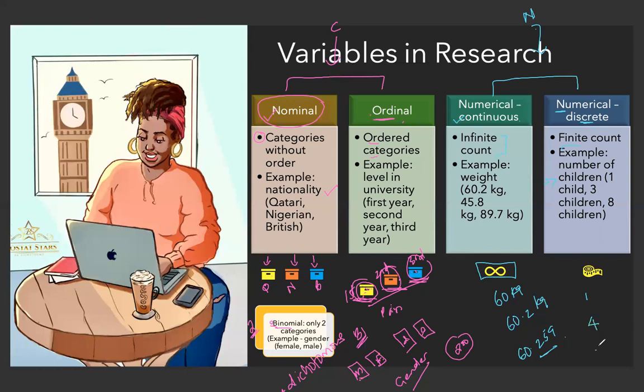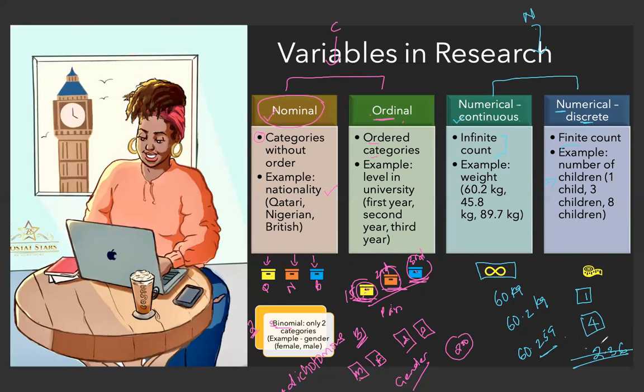But if you tell me I have 2.3 children or I have 2.36 children, this doesn't make sense because children are not infinite. You cannot tell me 0.36. There is no 0.36 child, right? So it's either you have one child or you have 4 children.